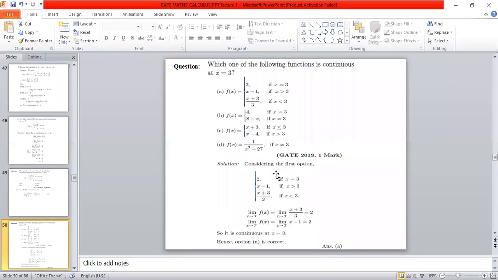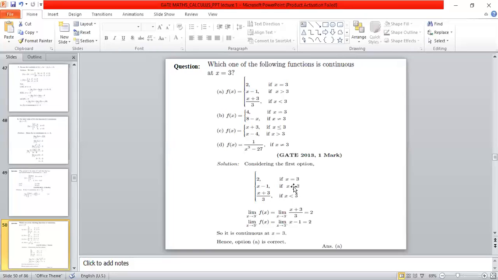Good. Then we move to the next question. It is 1. Next question is here. Which of the following functions is continuous at x is 3? So you have to put x is 3 in each function. There are 4 functions. For the first function, f of 3 is 2.